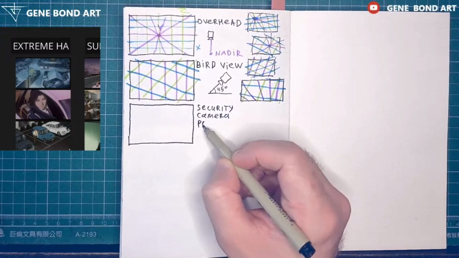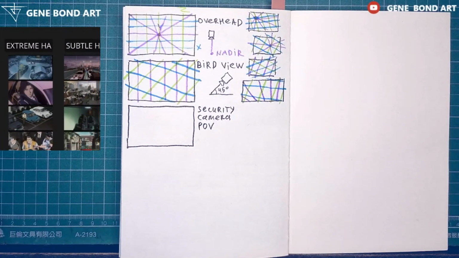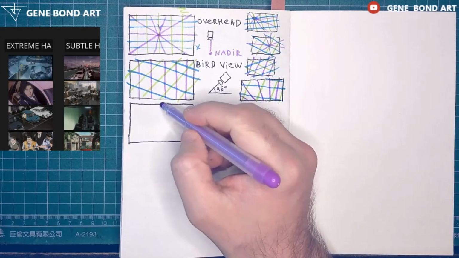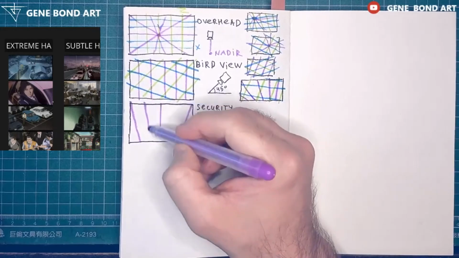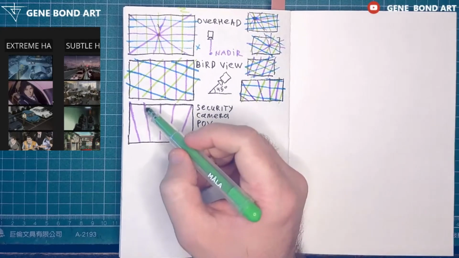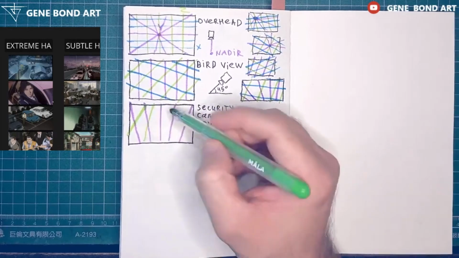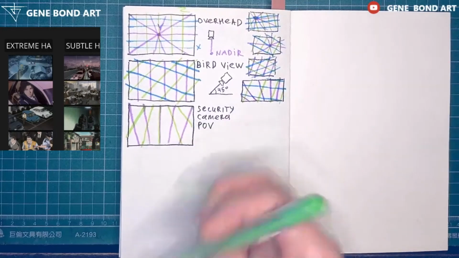Maybe like point of view. So for this one, we have convergence of y-axis and convergence of z-axis.